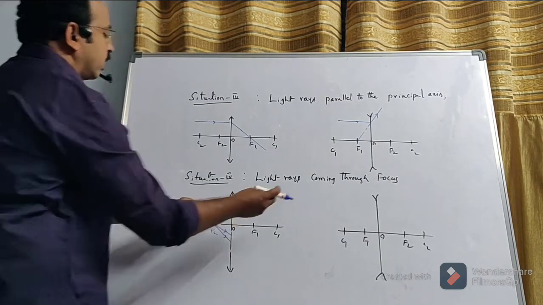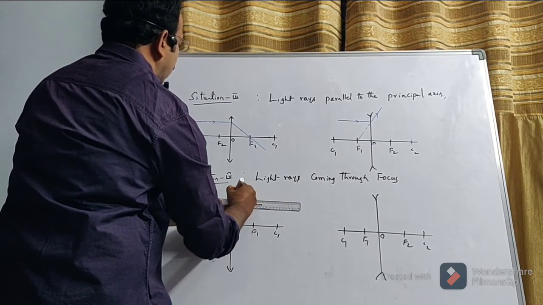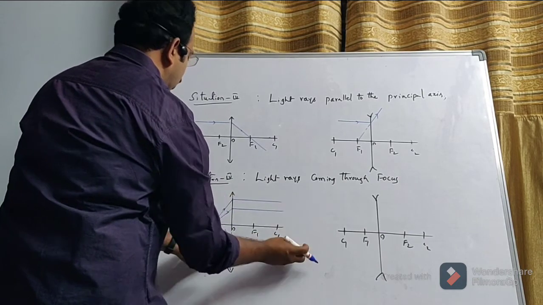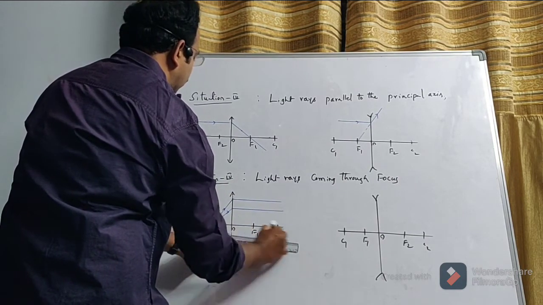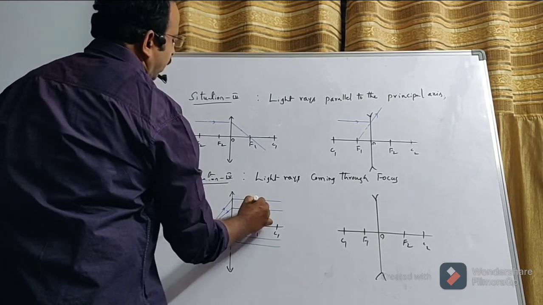So after refraction, they will emerge parallel to the principal axis. They will go here like this, parallel to the principal axis. That you should remember very well. This is very, very important.